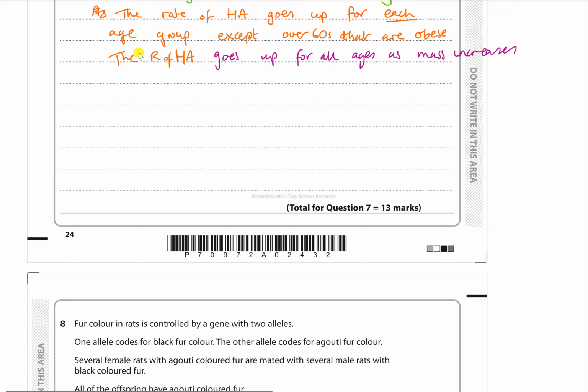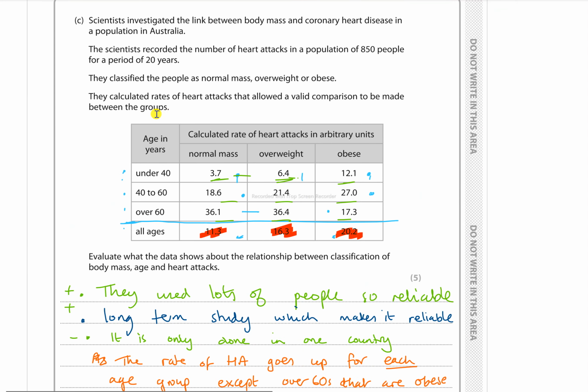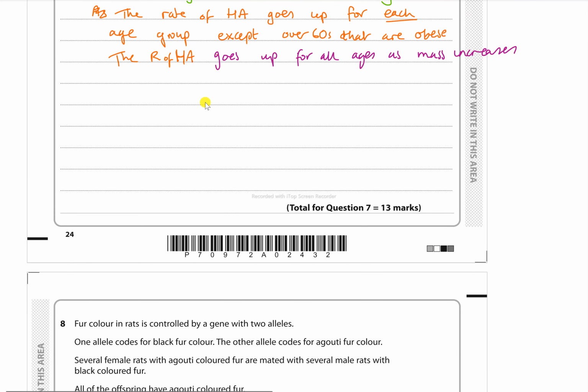Right. So what they've not done is, lifestyle, sex, exercise, etc. is not given.